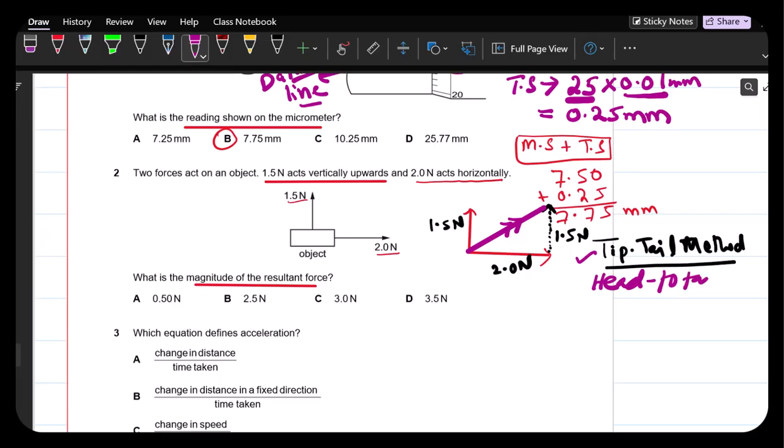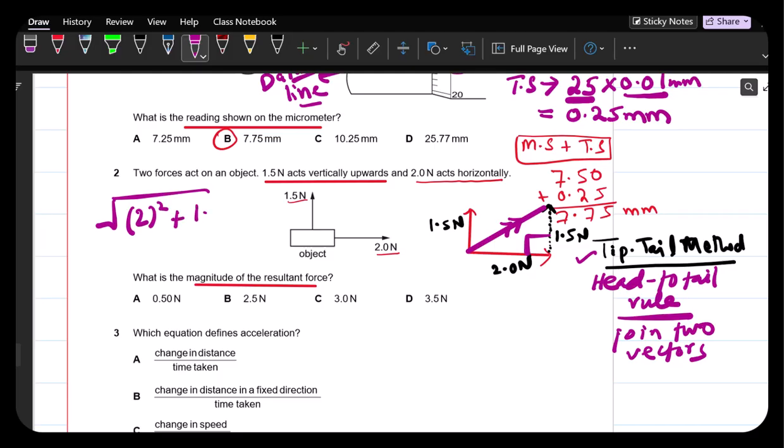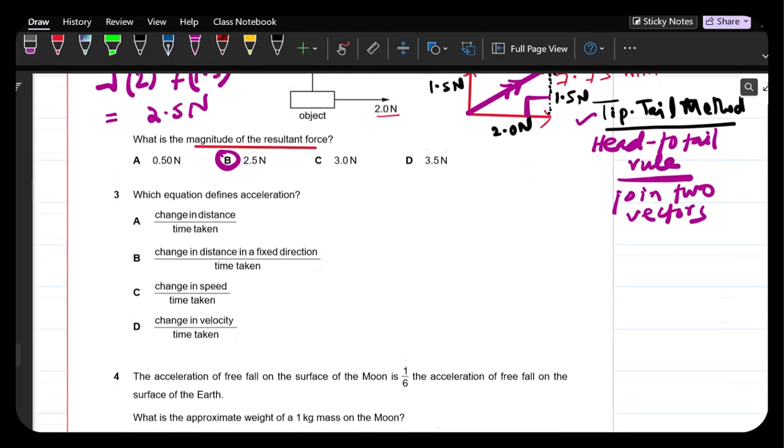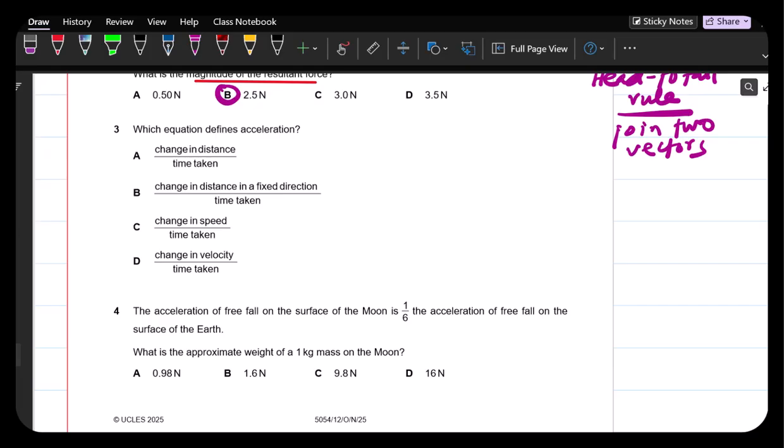According to the head-to-tail rule, join two vectors and then you can find the resultant. Now it is a triangle. You can use Pythagoras theorem. You can take the square of 2 plus the square of 1.5 and then take its square root. If you calculate this, it will be 2.5 Newton. So B is right.